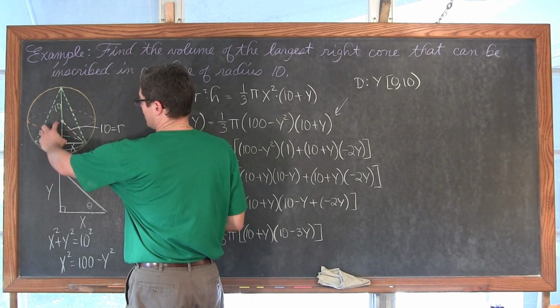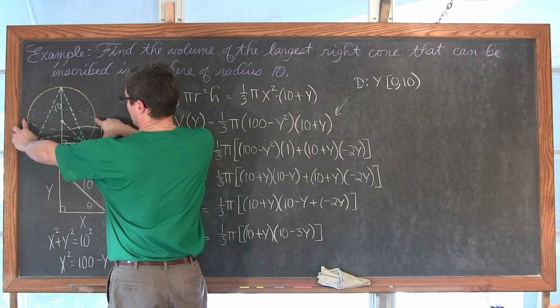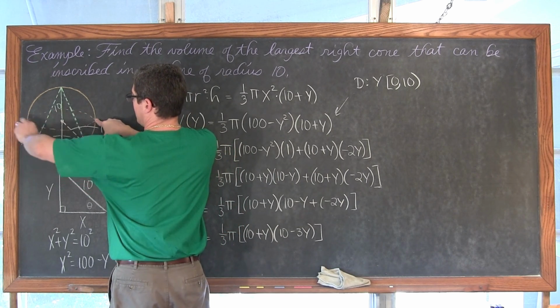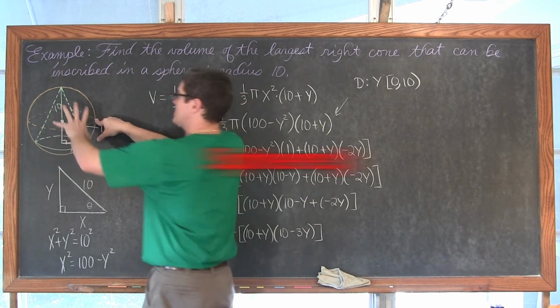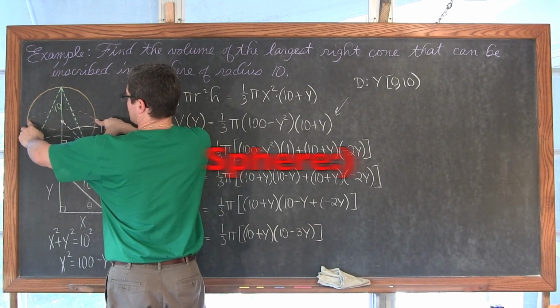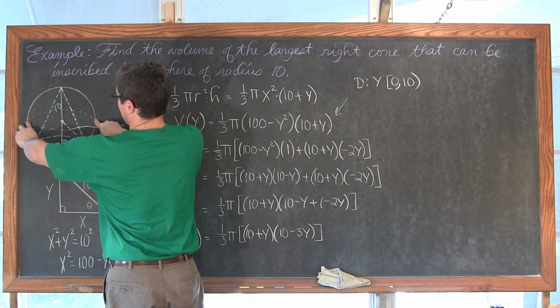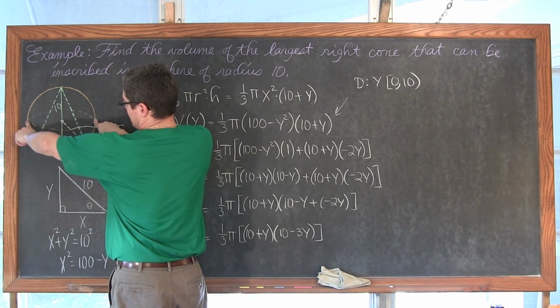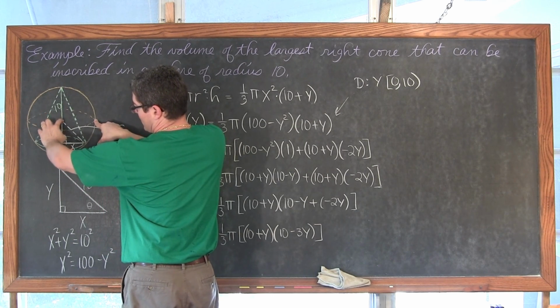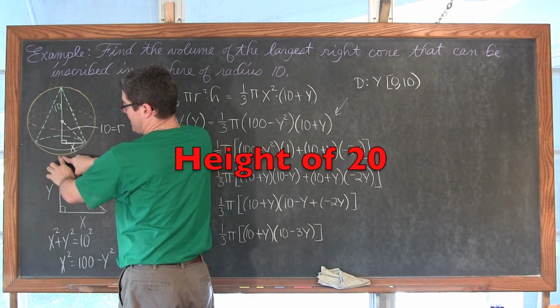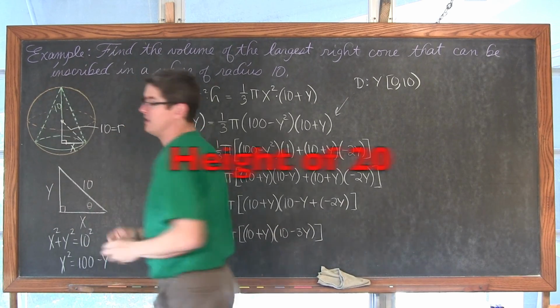If the height of this right triangle is 0, then you're basically right on the great circle or the equator of this hemisphere, and your right cone will be right there. And then that triangle could open up, giving you a height all the way up to 10, which is going to be a really, really tall, skinny triangle.